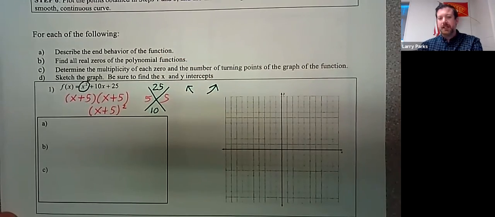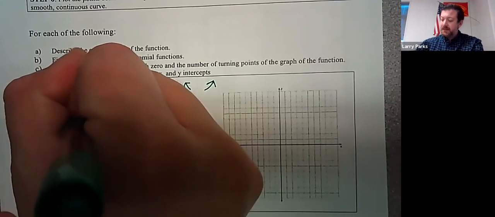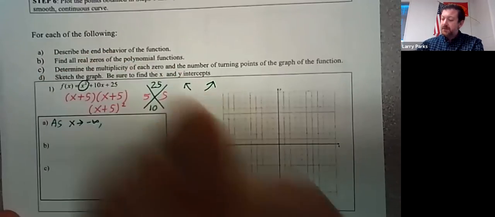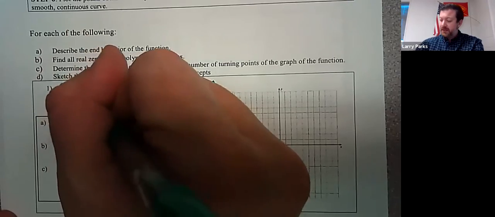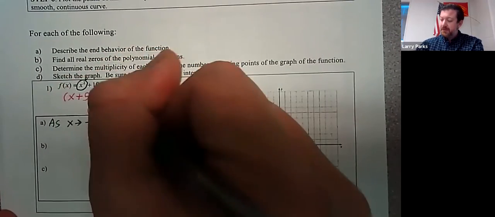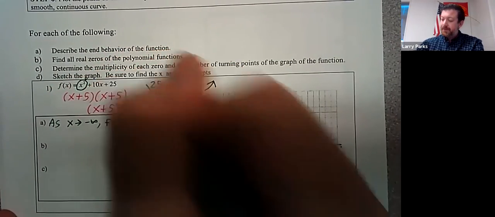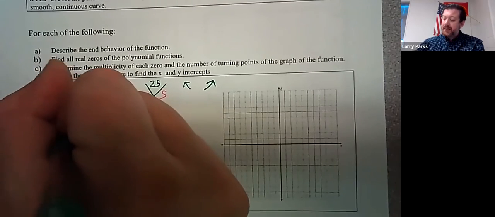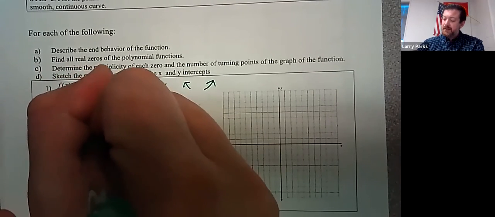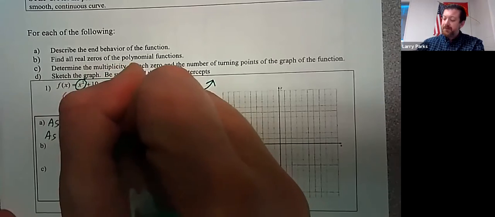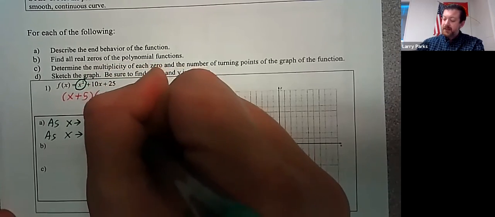So it's going to go up and up. So I would say as x approaches the left, my function goes up. And as x approaches the right, my function also goes up.